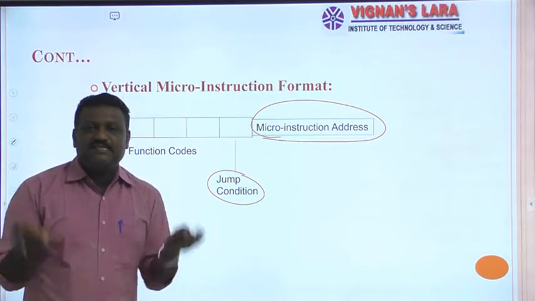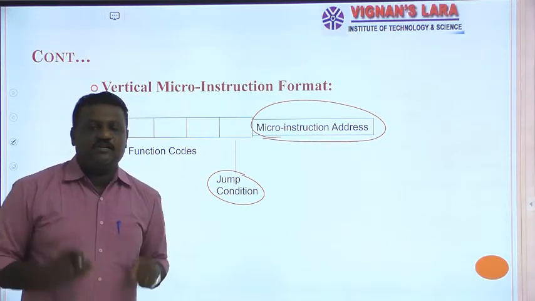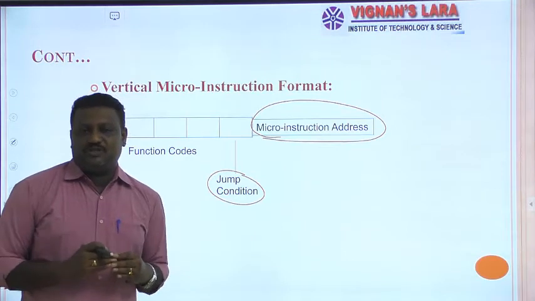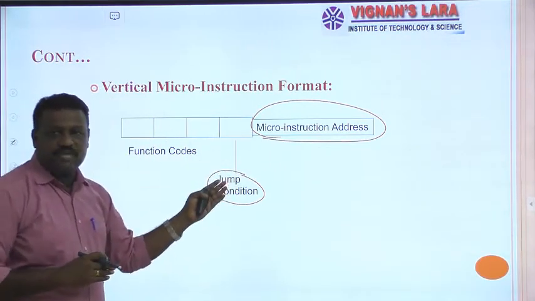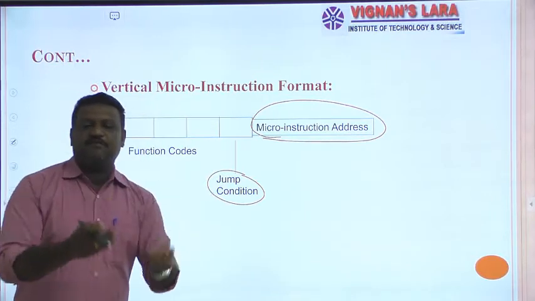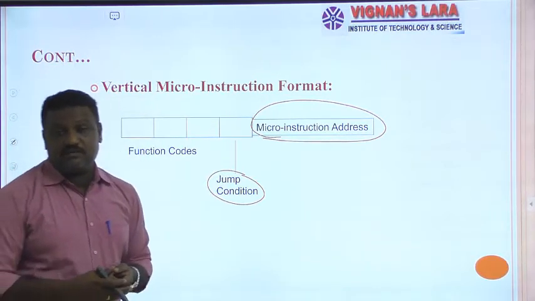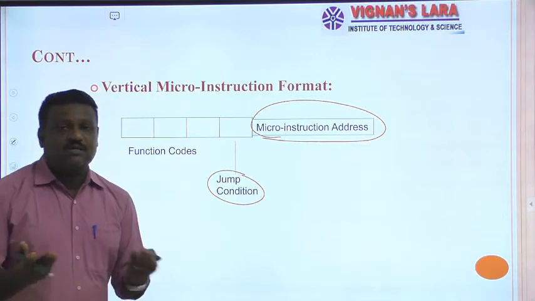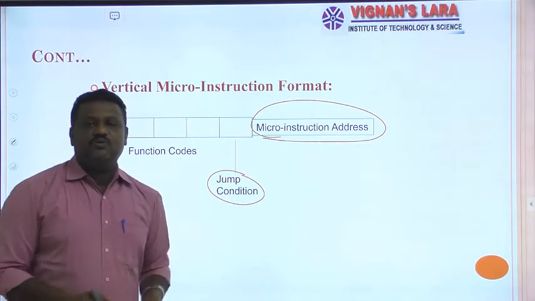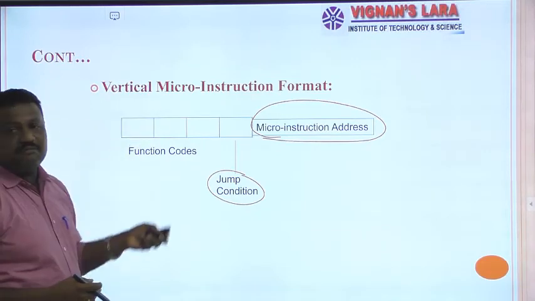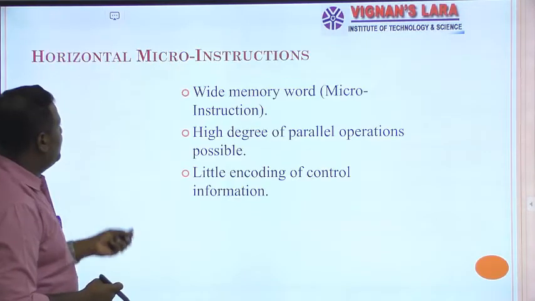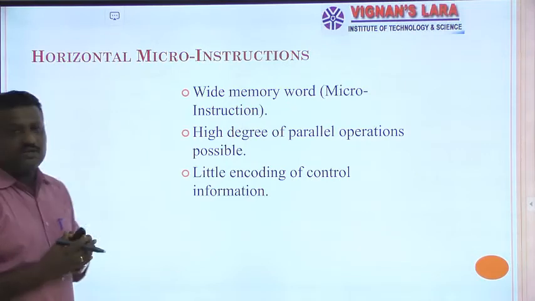Based on all these things, I generate the control signals necessary for the current operation, and the next micro instruction address. So this is a simple format of a vertical micro instruction.